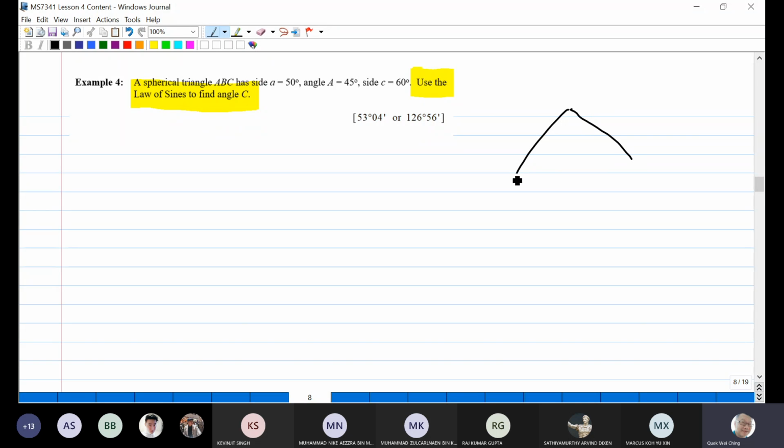Let's draw it first, with a curve here so that you don't get misled by the bigger triangle here. Angle A is 45 degrees.